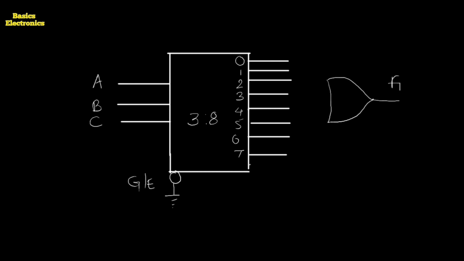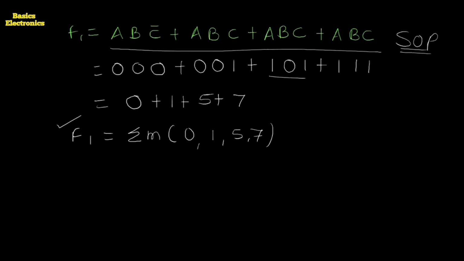So what is that equation? The equation is summation of minterms 0, 1, 5, 7.